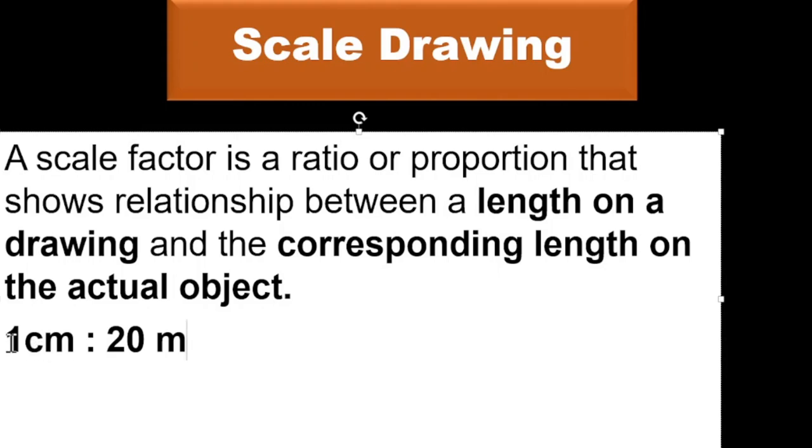What this means is that we are saying 1 centimeter on the drawing is representing 20 meters on the actual object. So when you see 2 centimeters on the drawing, on the actual object it is going to be 40 meters, because 1 centimeter is representing 20 meters. I hope I'm making sense.